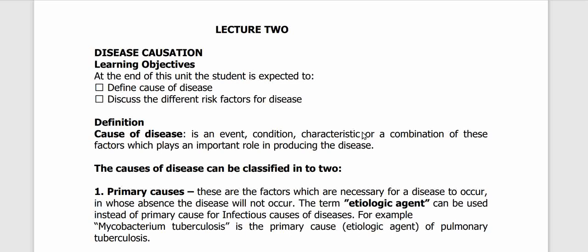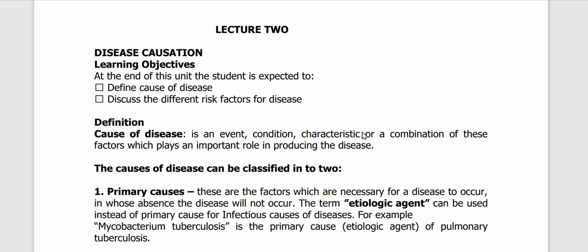You get? So there's what we normally use, etiological, or etiology. The etiologic agent can be used instead of primary cause for infectious causes of disease. When somebody says the etiology or the etiologic agents, they are referring to the primary causes of that disease. What contributed to the cause of that disease?